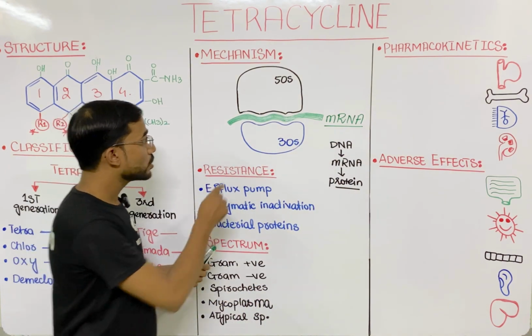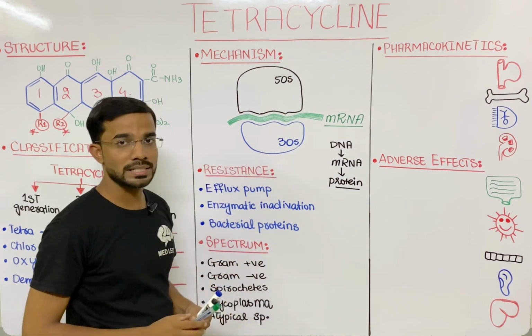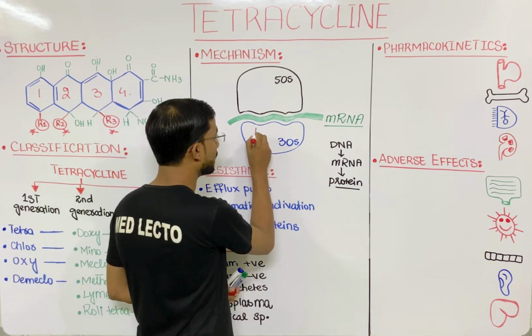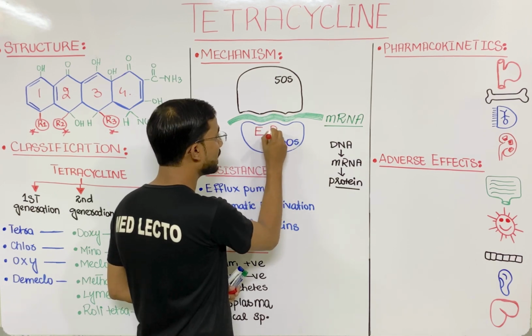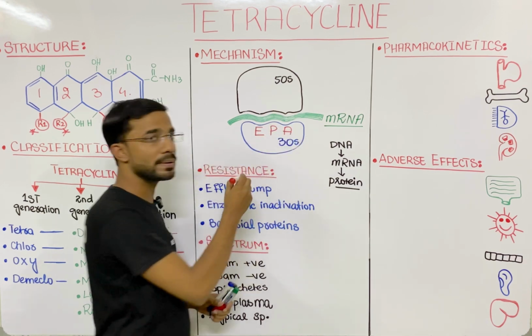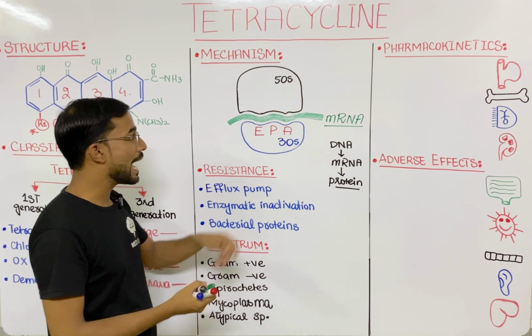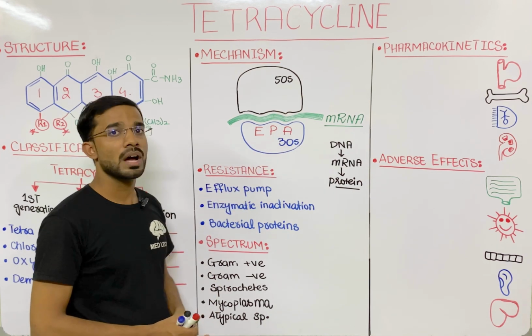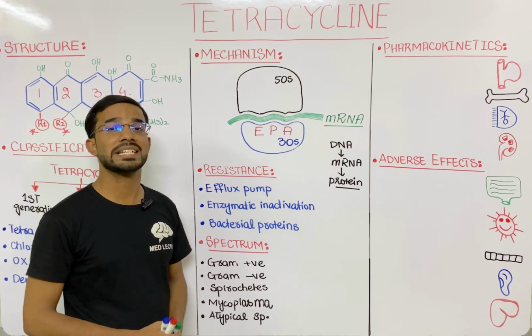So in that situation, you will see the three most important sites: E, P, A. E for exit site, P for peptidyl site, and A for aminoacyl site, or you can say acceptor site.